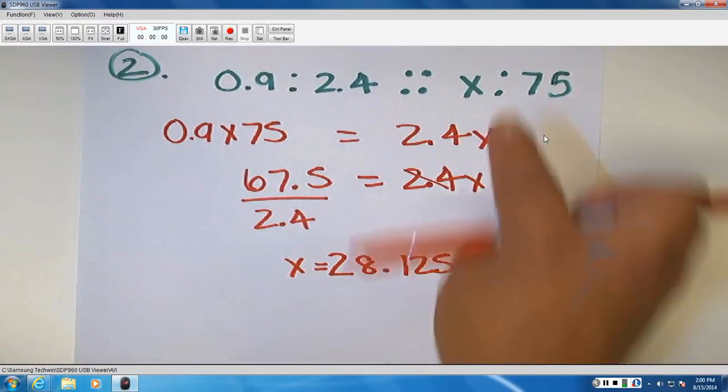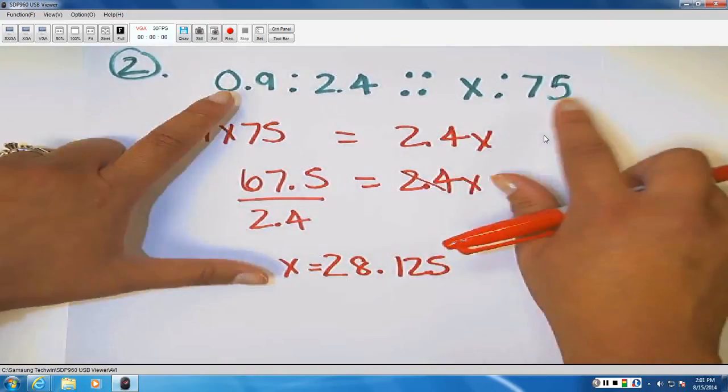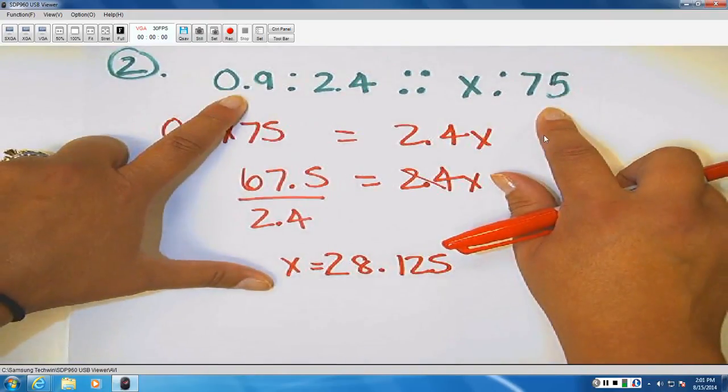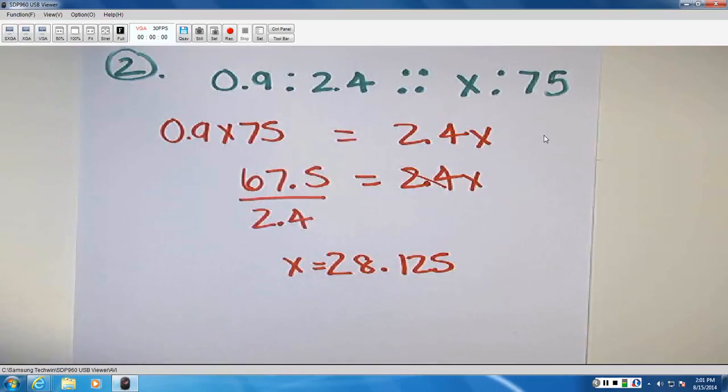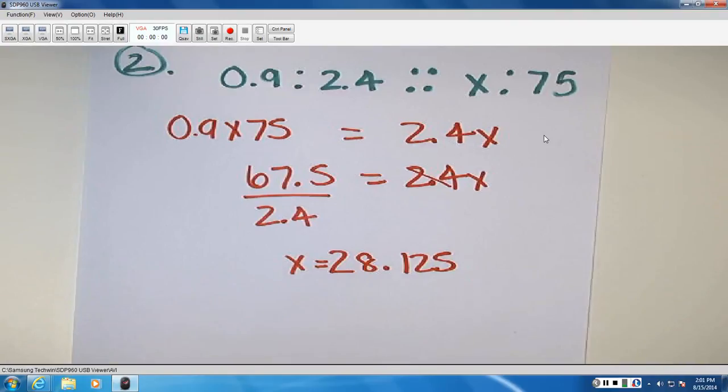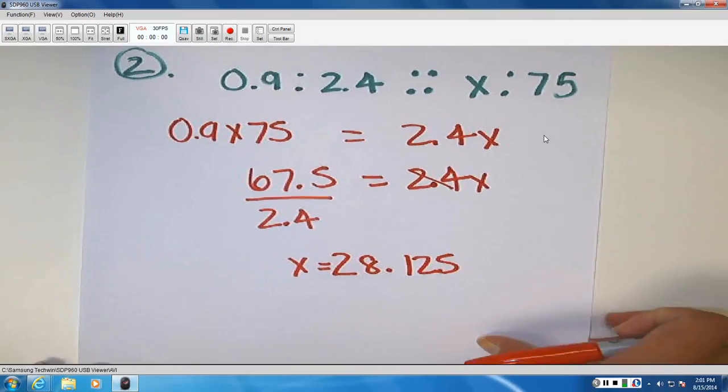And again, I could plug that in for x. I know that when I multiply 0.9 and 75 together, I get 67.5. And when I take 28.125 and multiply it by 2.4, I get 67.5. So I know that my answer is correct. Okay, so that is a simple proportion.